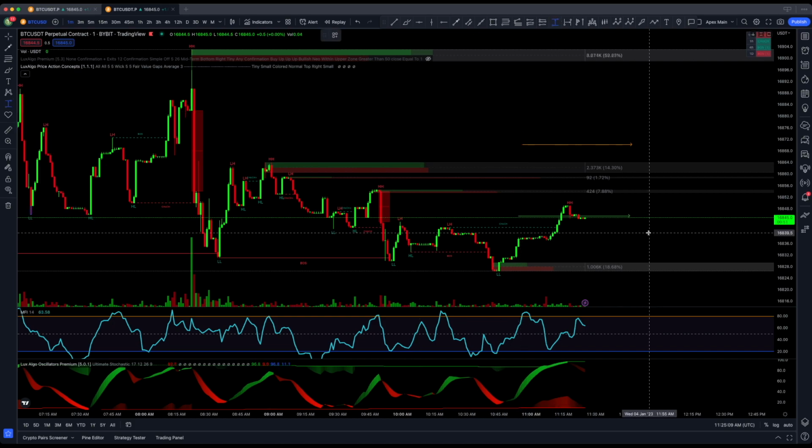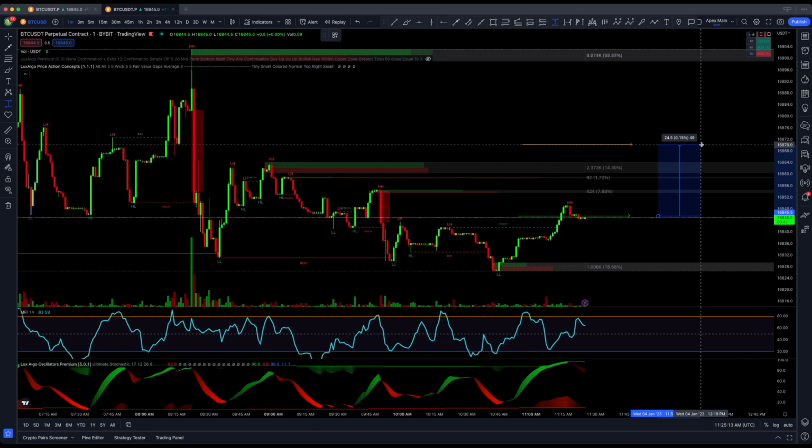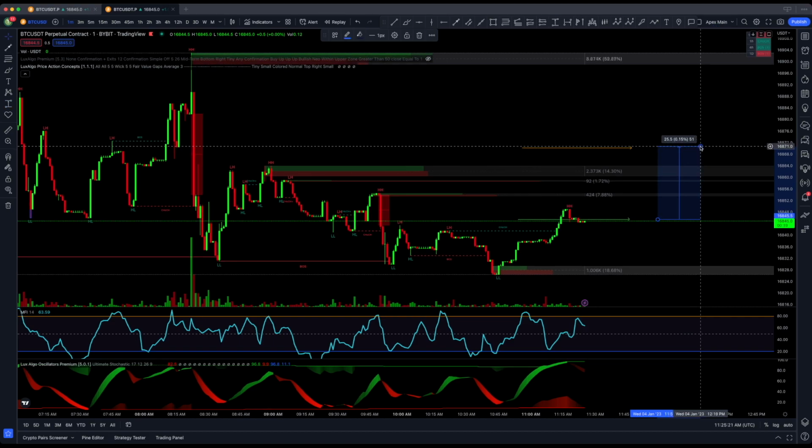The delta between here and here is 24 basis points. Let's just say 24.5, or just 24 to keep it nice and easy.